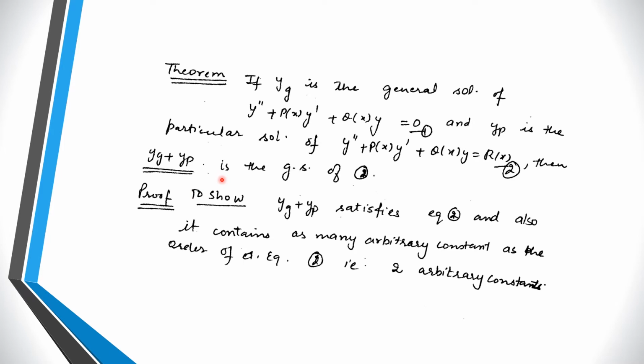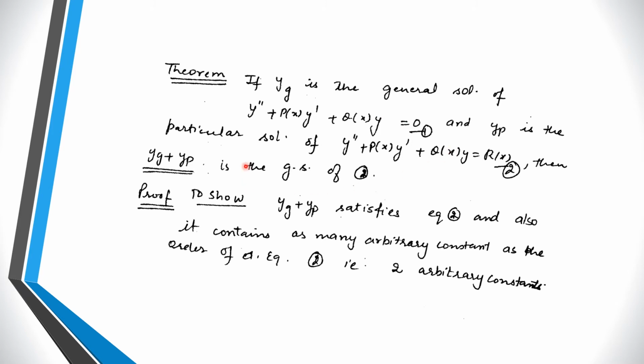So now how to show this? We know that anything is a solution of an equation if it satisfies that equation. So we need to show that this satisfies equation number 2. When you put it in the left hand side, it should be equal to the right hand side. Then this will become a solution of this equation.